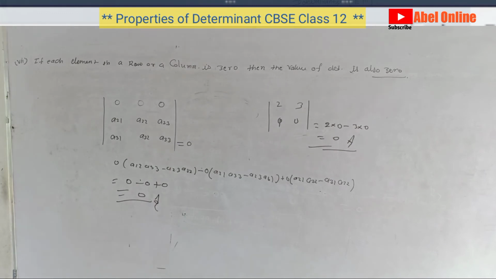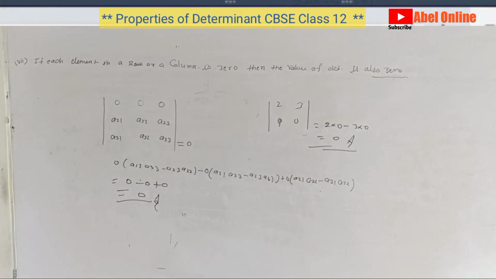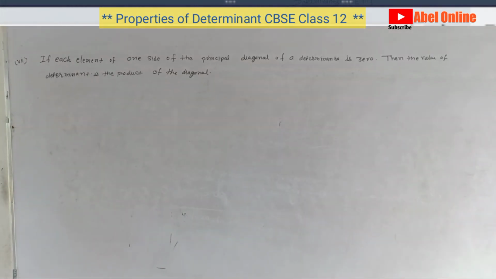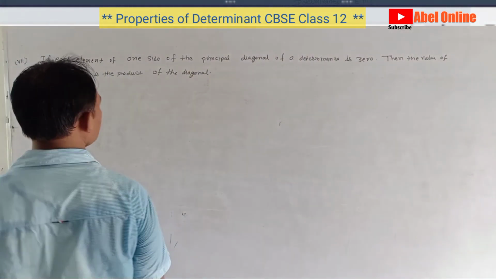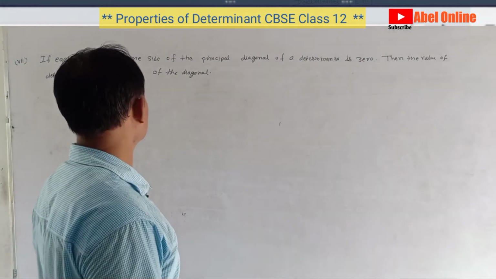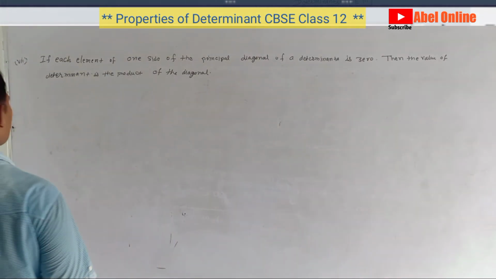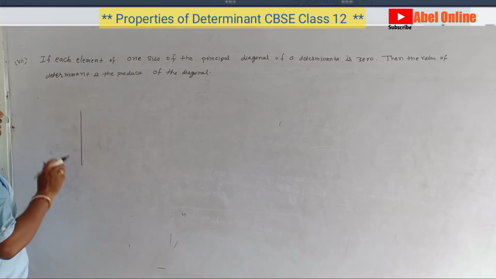The next property is: if each element on one side of the principal diagonal of the determinant is 0, then the value of the determinant is the product of the diagonal elements. Now the question arises, what is the main diagonal and what is a triangular matrix?